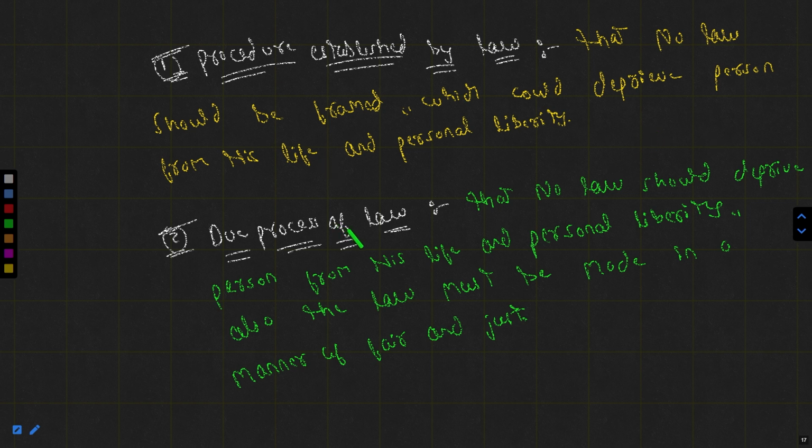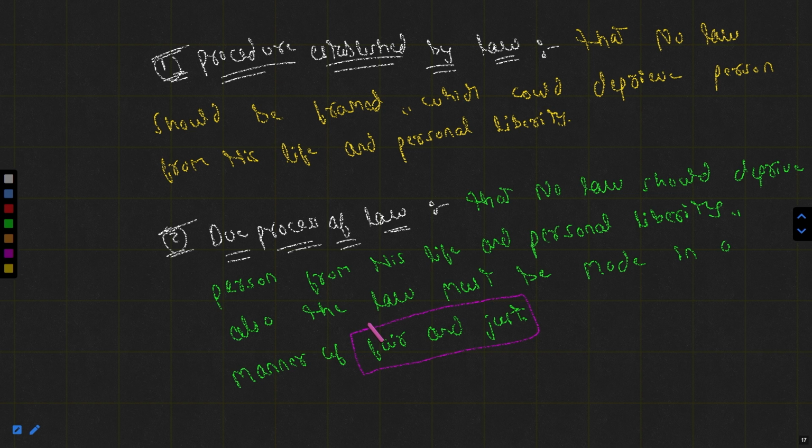Whereas when we talk about due process of law, judicial review could be exercised on the matter that no law should deprive a person of his life and personal liberty, the same as this. But there is one additional point: the law must also be made in a fair and just manner. It means the law must be fair and just.